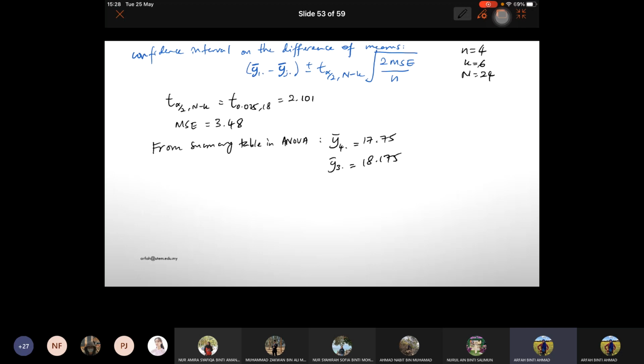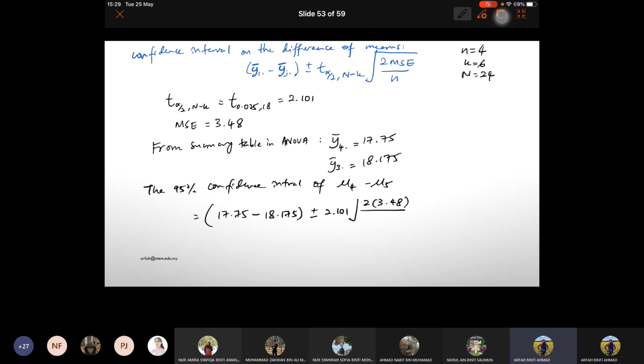Okay. So calculate the 95% confidence interval of mu4 minus mu3 akan sama dengan 17.75 tolak 18.175 plus minus 2.101 square root 2 darab MSE is 3.48 bahagikan dengan n sama dengan 4.